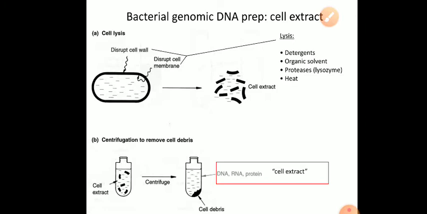Many times cell lysis is done by using a mixture of two chemicals, one which will break the cell wall and another which will break the cell membrane. So we can use lysozyme enzyme, we can use EDTA along with lysozyme, or we can also use certain mild to strong anionic detergent. Right.